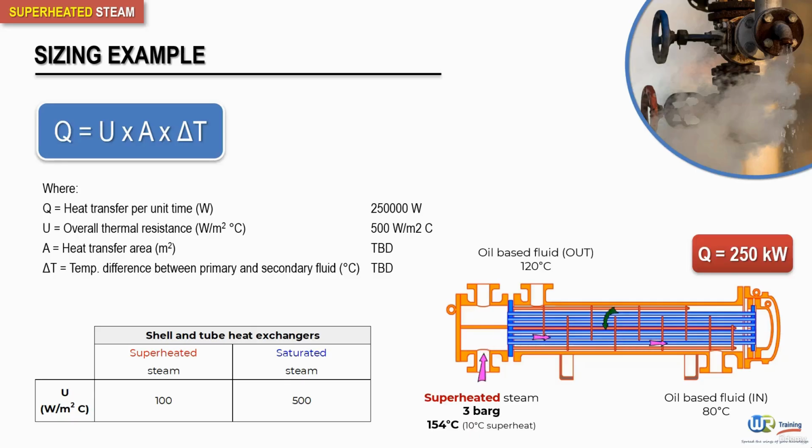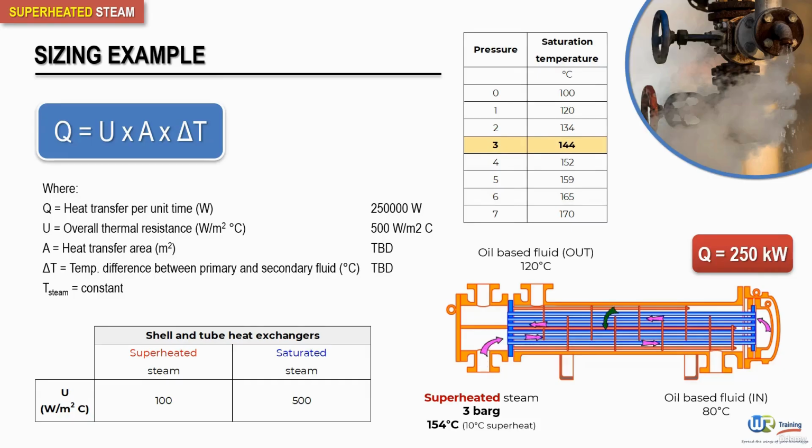To calculate delta T, we will first assume that the temperature of steam is constant and equal to that of saturated steam at a gauge pressure of 3 bar. According to the saturated steam table, this is equal to 144 degrees Celsius.